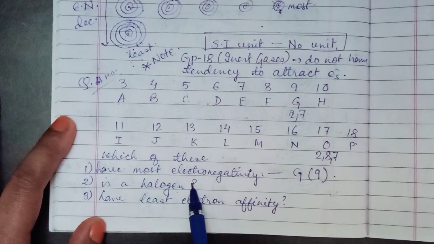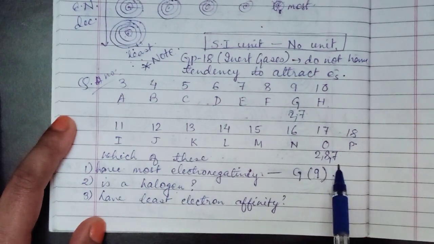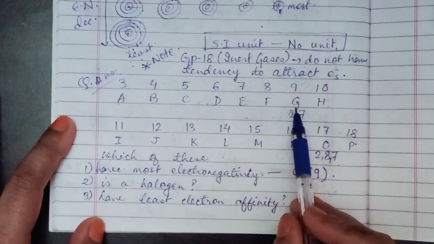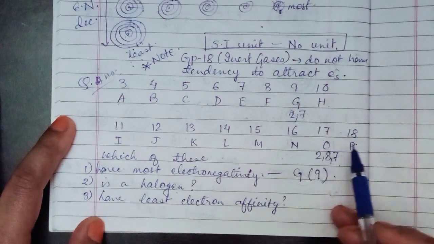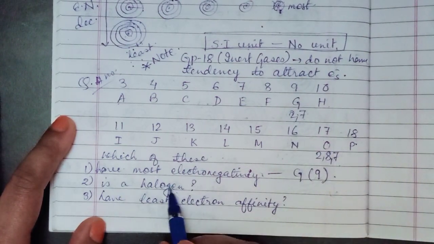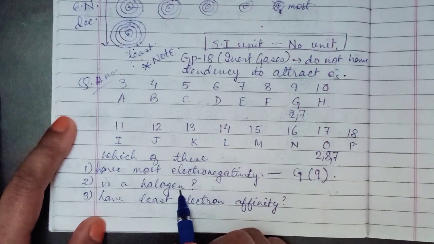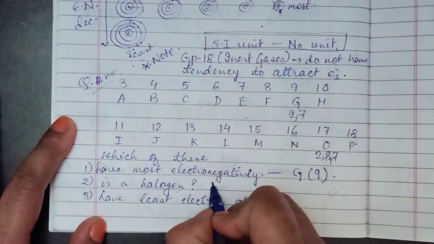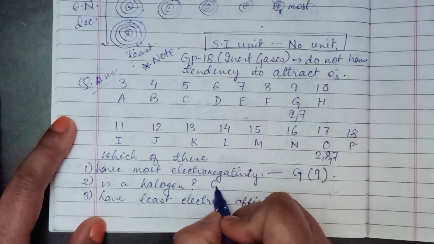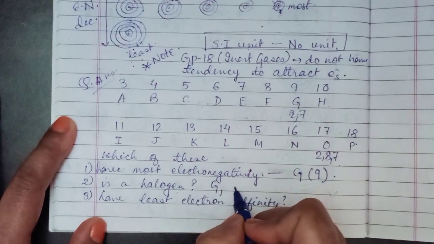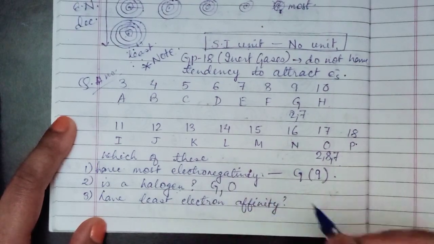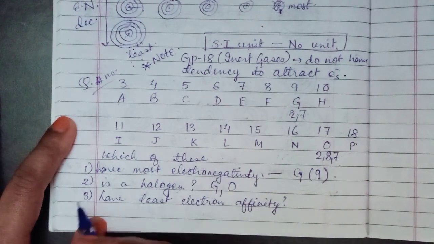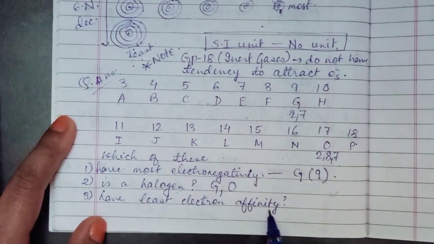So halogen is present in group number 17, and here 9 and 17 are in group number 17. So you have to write both. Okay, 9 also and 17 also. G and O. Both are in group number 17. Both are halogens.